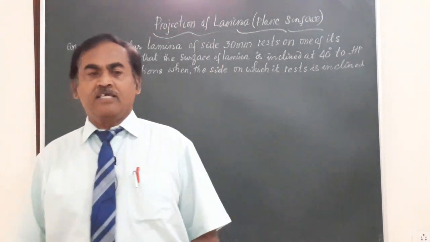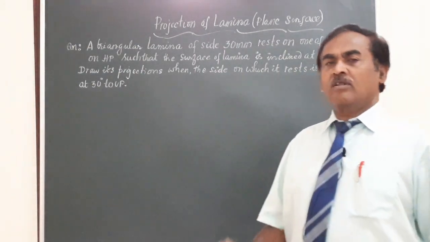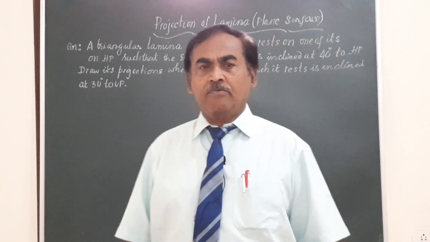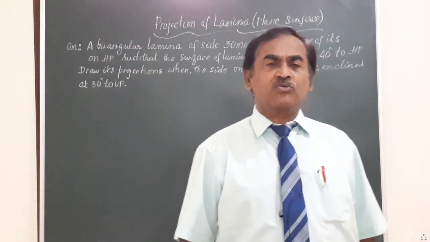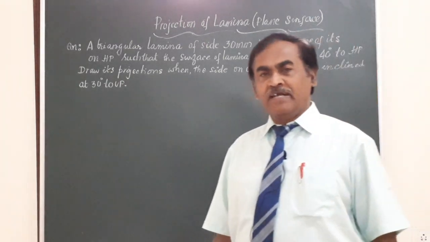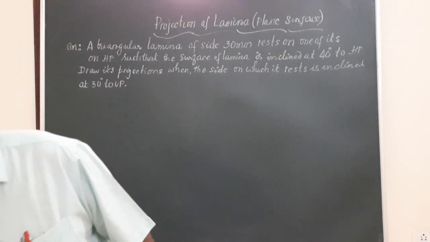Now, the laminae are designated as triangular lamina, circular lamina, pentagonal lamina, rectangular lamina, and so on and so forth, depending on the number of sides of the lamina.